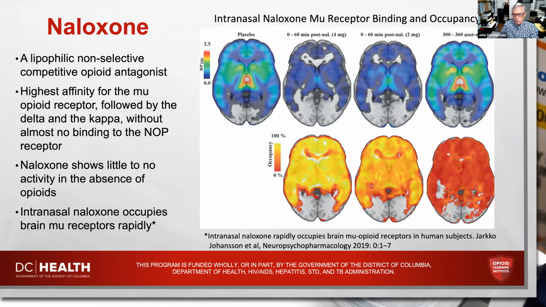And if you look at the image right below, that's how much of the brain it's occupying. I think this gives you some anatomical evidence of why the stuff works so quickly. By the way, naloxone shows almost no activity in the absence of opioids. So people can give repeated doses to someone who is overdosed pretty much without fear, especially until the paramedics can arrive.